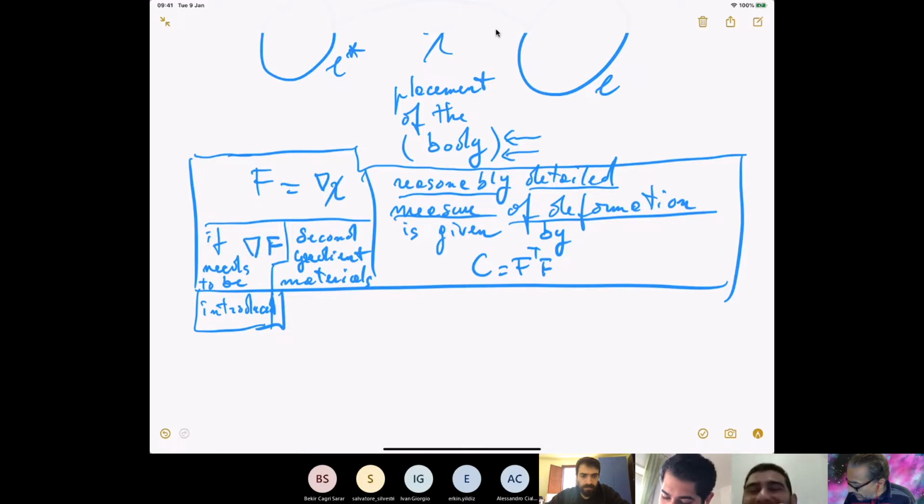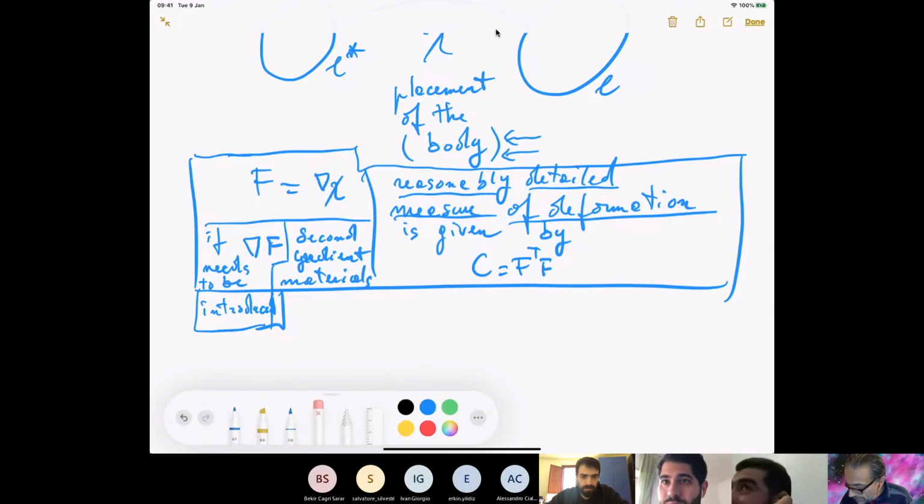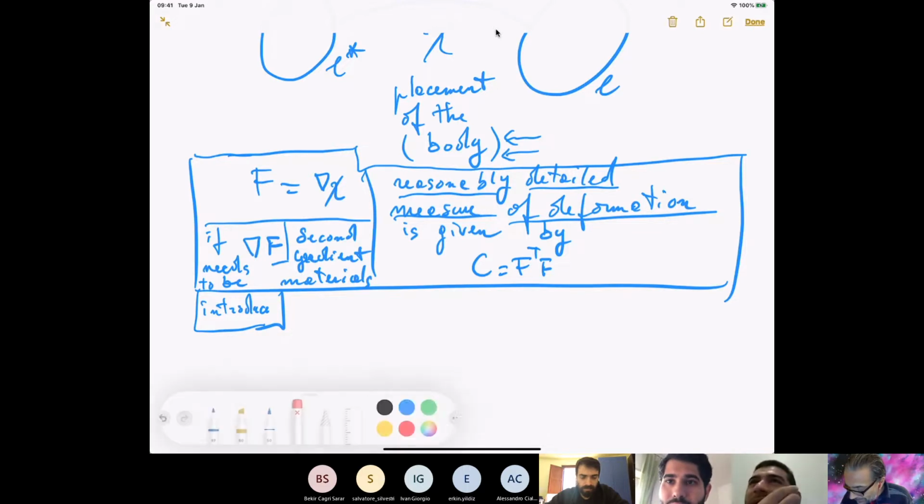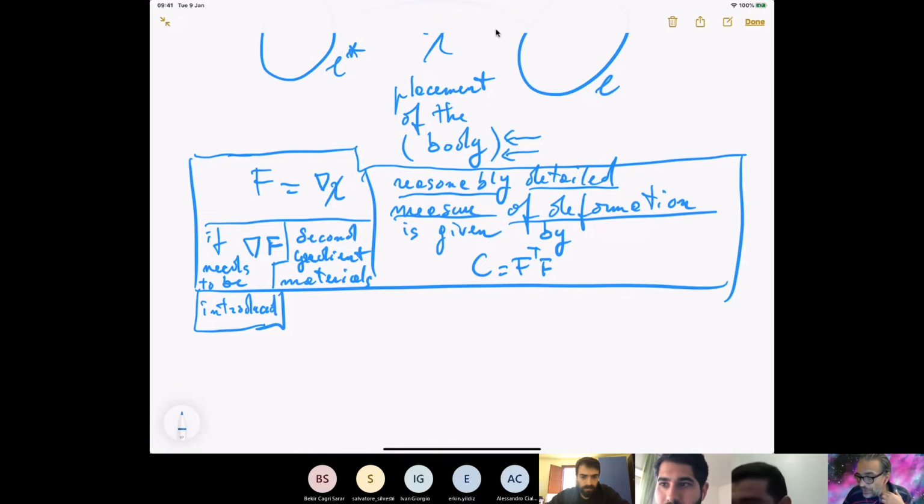So once more, even if it may appear crazy to you, I want to underline that every theory has a very limited range of applicability. You should not believe that what we are doing now is the theory of every continuum system. This is the theory of a specific continuum system.